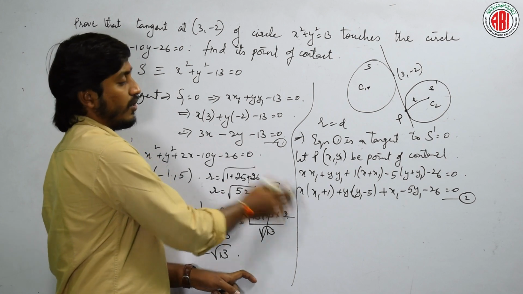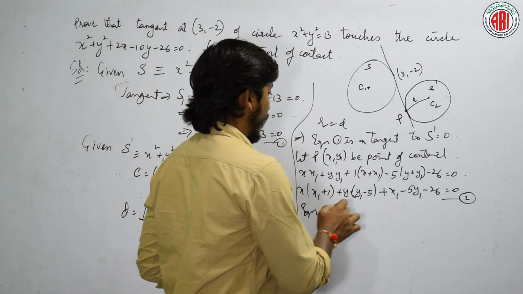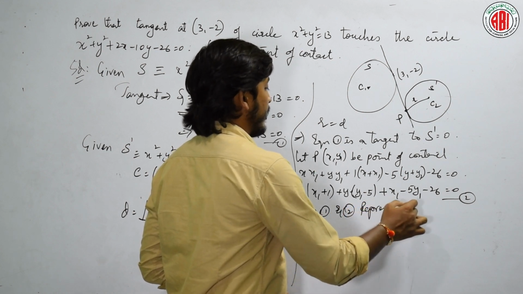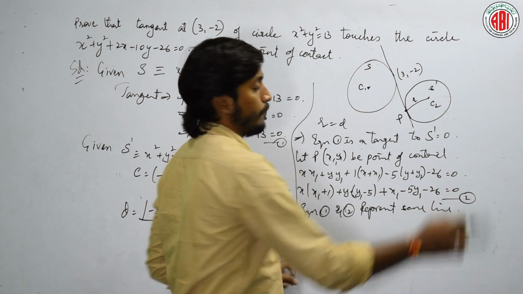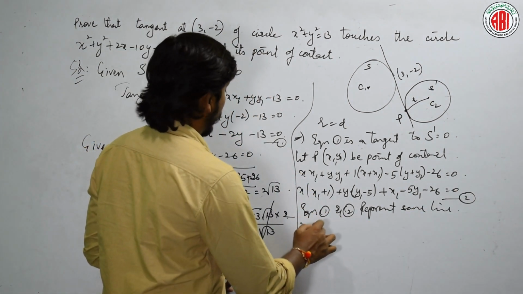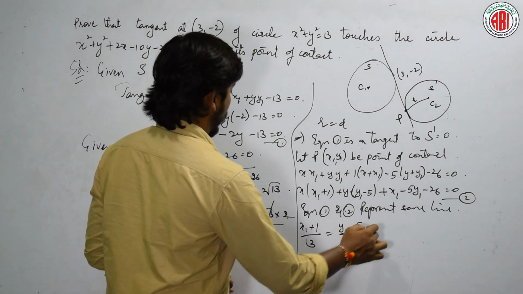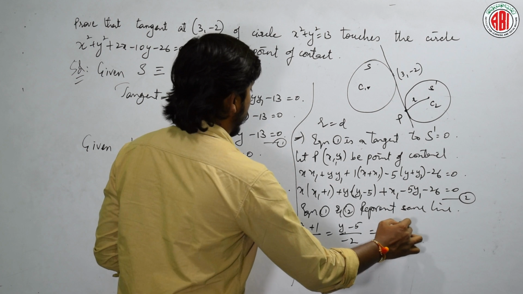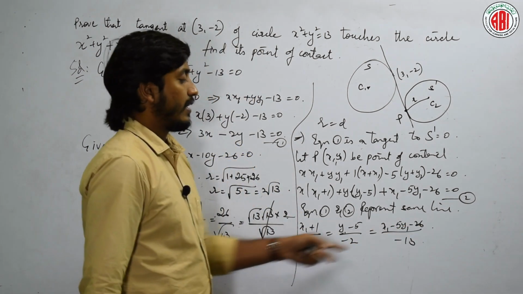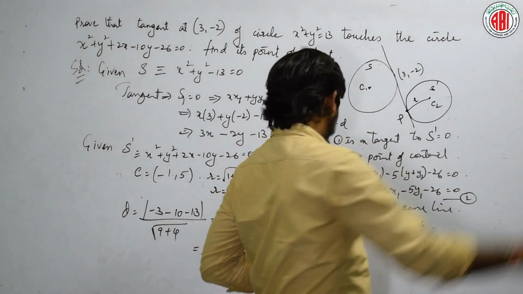If you observe, these both lines represent the same line, equation 1 and 2 represent the same line. So, we can write it as x1 plus 1 by 3, y1 minus 5 by minus 2, x1 minus 5y1 minus 26 by minus 13. So, let us equate any two of the equations and find the solution.